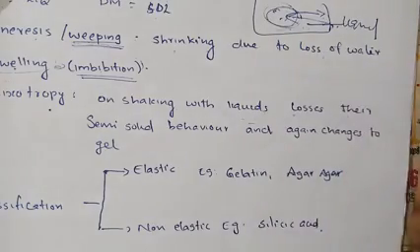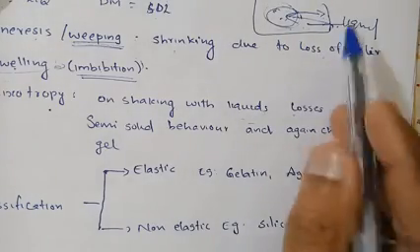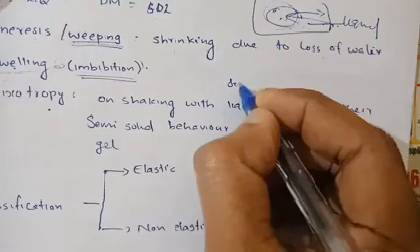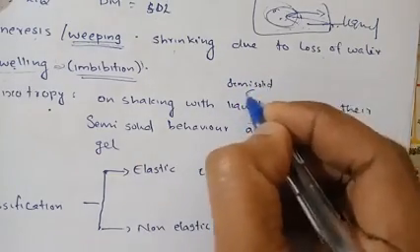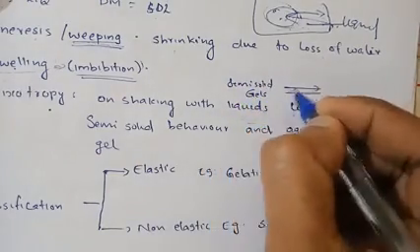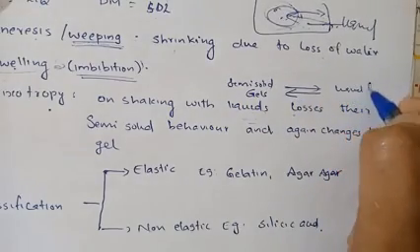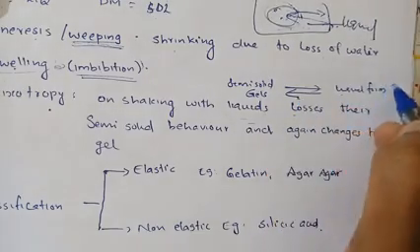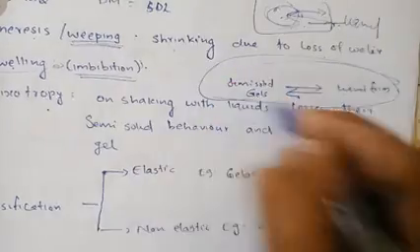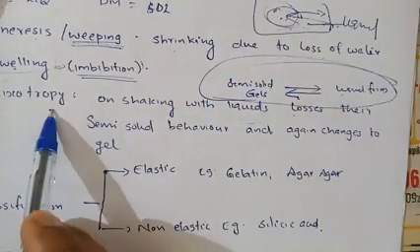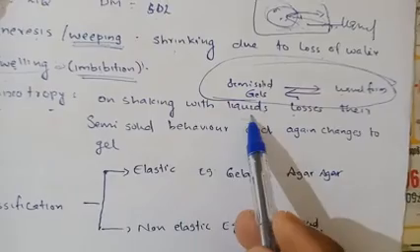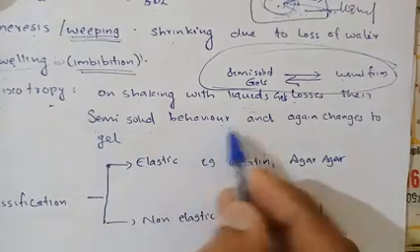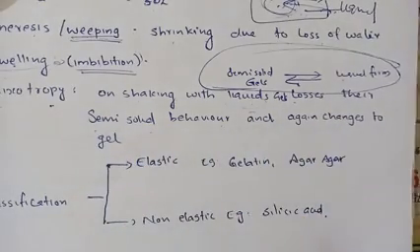And similarly, the reverse takes place, that means the liquid again converts into semi-solid. So we can simply say that semi-solid gels can be converted into liquid form, and vice versa. This is called thixotropy. So on shaking with liquids, gels lose their semi-solid behavior and again change into gel.